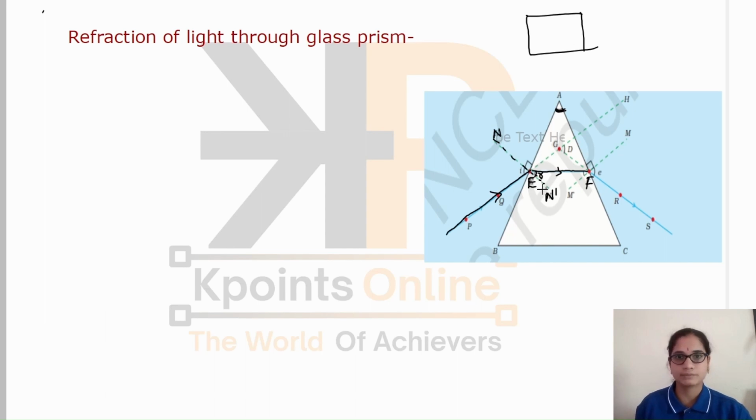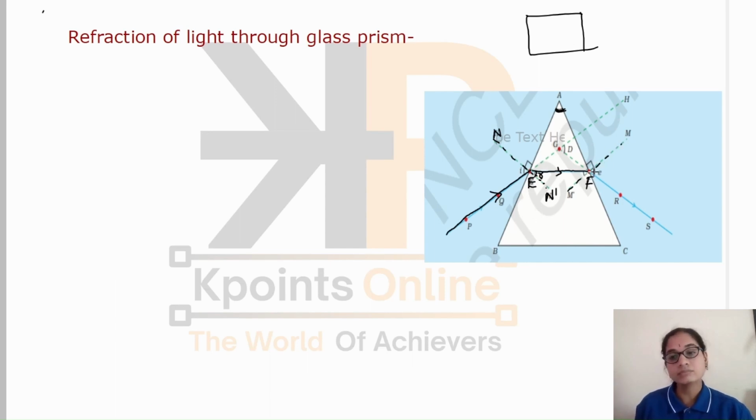Now as this refracted ray of light falls on this surface, again it is going to enter from one medium to another, that is from denser medium to rarer medium, and this is the normal at this point.